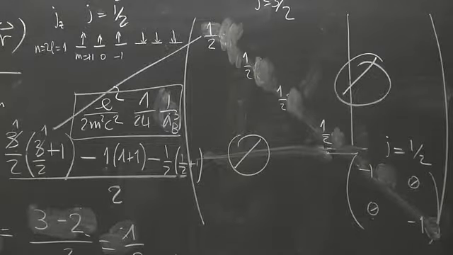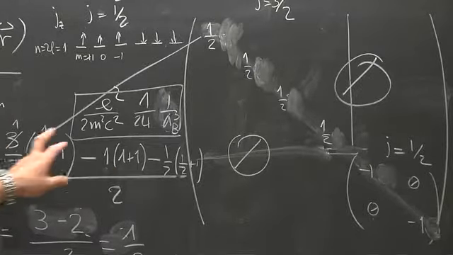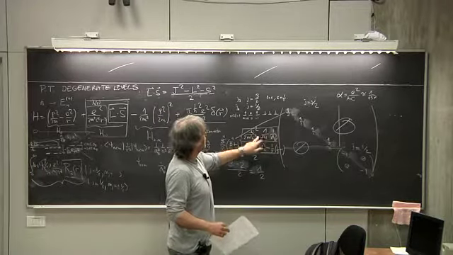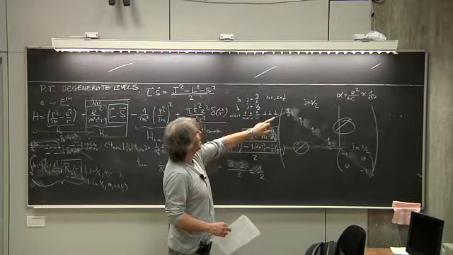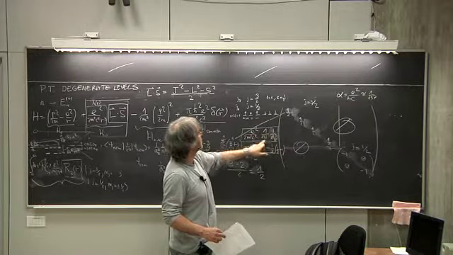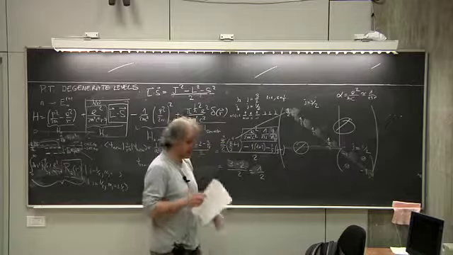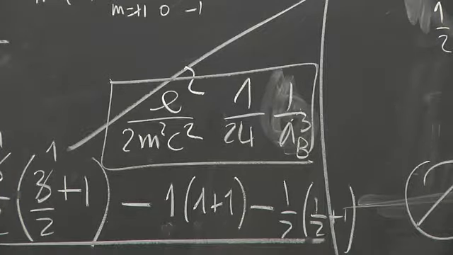And it takes very little to show that all this ball radius, c and mc combine together to give you essentially alpha squared times the Rydberg.